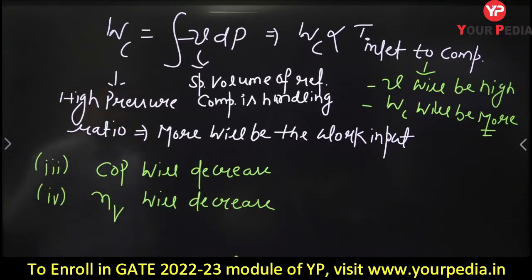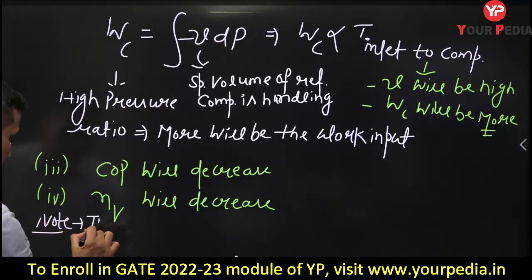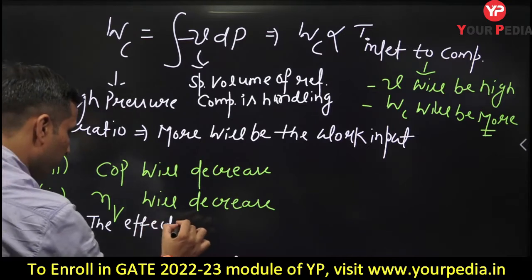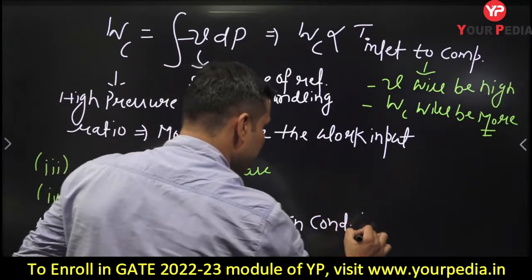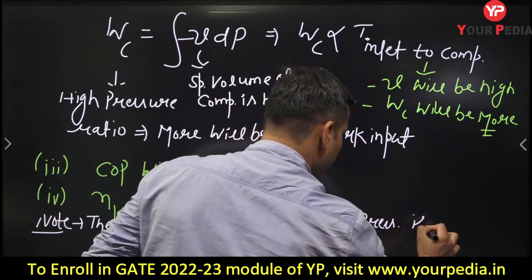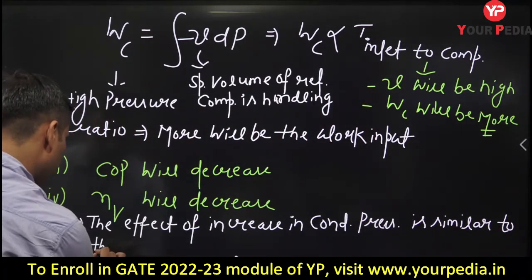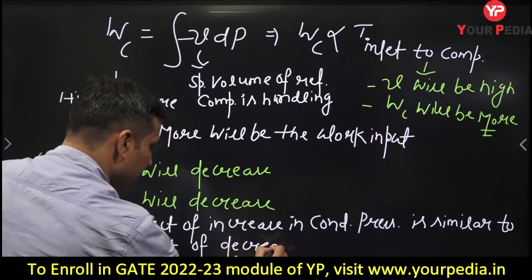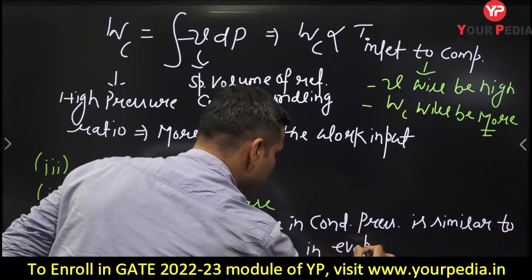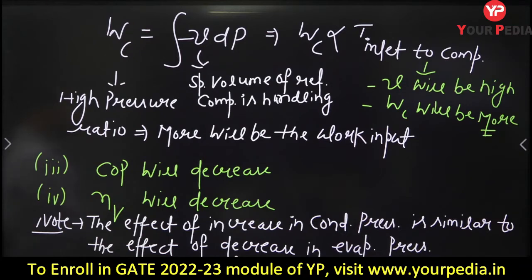So here you can add a note: the effect of increase in condenser pressure is similar to the effect of decrease in evaporator pressure.